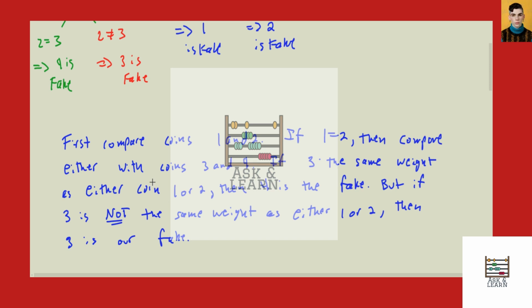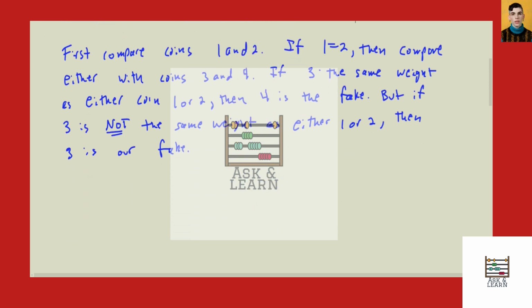All right, so that's for the first case. Now the second case is going to be, so this is case 1. So now for case 2, we're going to have, if 1 is not equal to 2, then 3 and 4 must be equal.